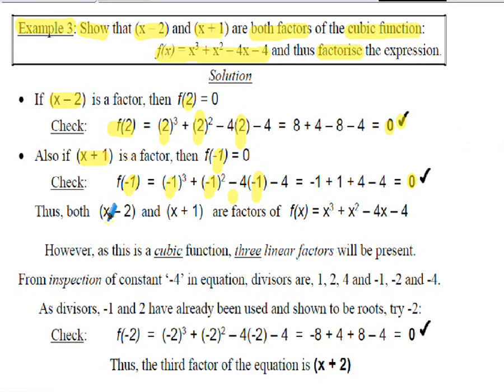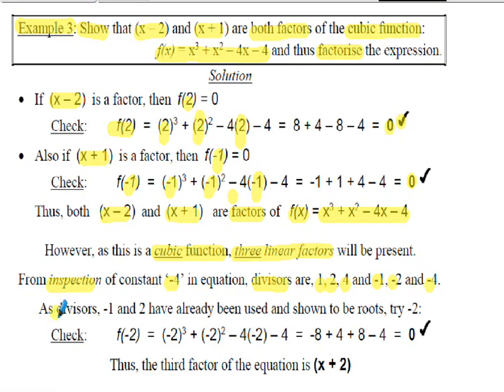So now both x minus 2 and x plus 1 are factors of the function of x is equal to x cubed plus x squared minus 4x minus 4. However, because this is a cubic function, there will be 3 linear factors, so we need to find the third one. From inspection of the constant negative 4, the divisors are 1, 2, 4 and negative 1, negative 2, negative 4.